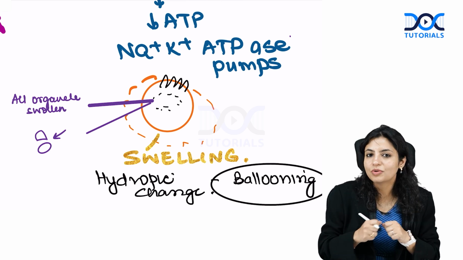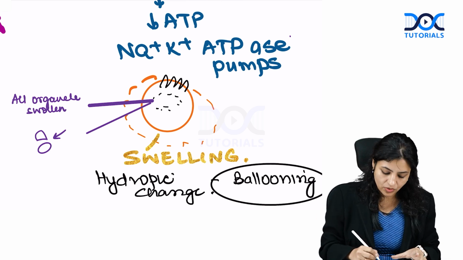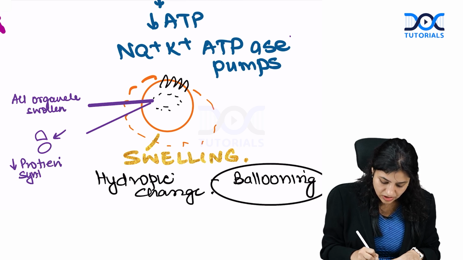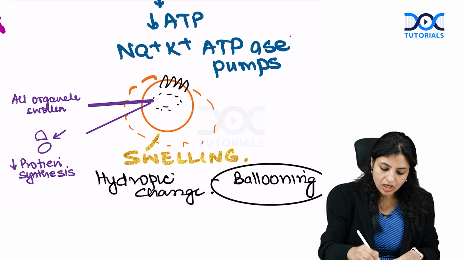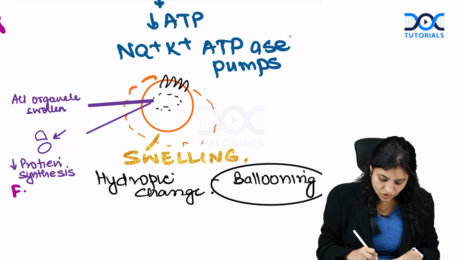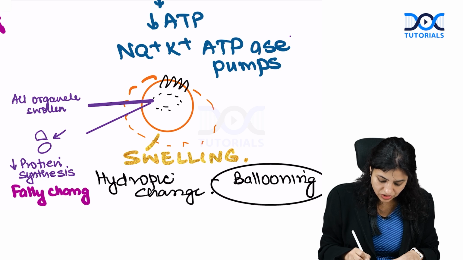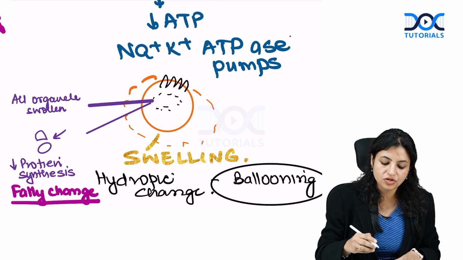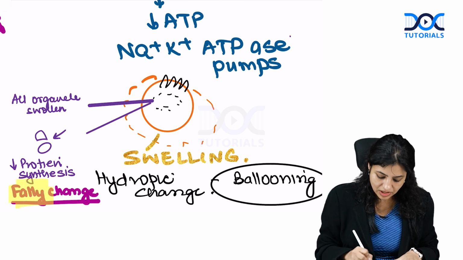Because the two units are getting separated, the protein synthesis is going to decrease. So when the protein synthesis decreases, compensatorily the cell starts showing you fatty change. This fatty change is another feature which you can see in reversible cell injury.